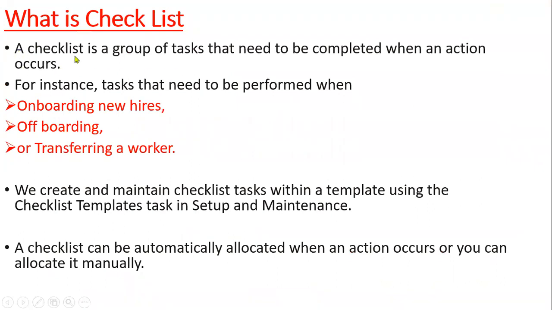So what is a checklist? A checklist is nothing but a group of tasks that needs to be completed whenever an action occurs. Whenever any action occurs, at that time we want to perform some group of tasks.